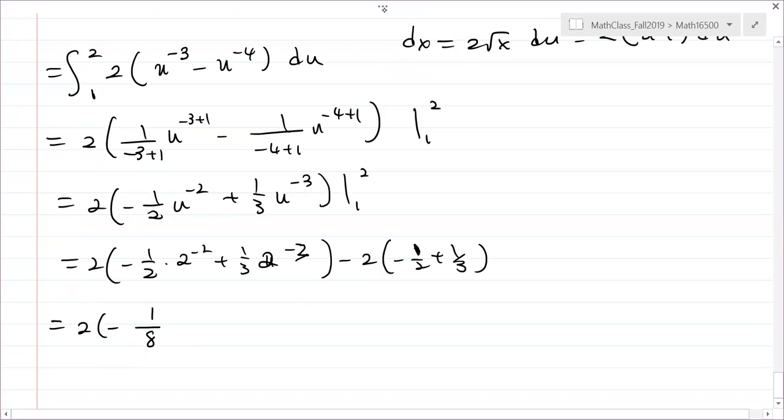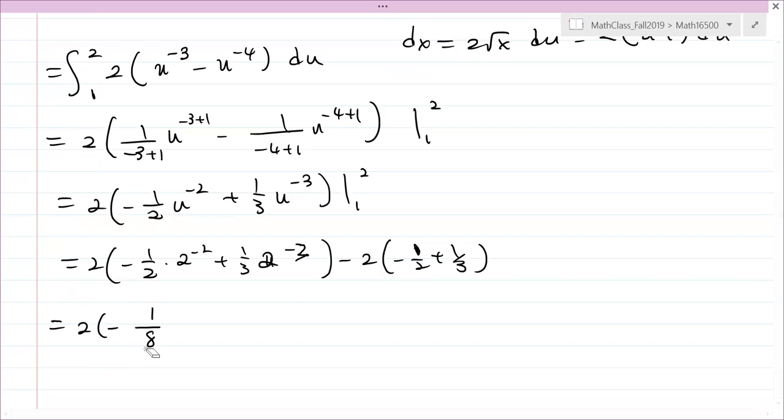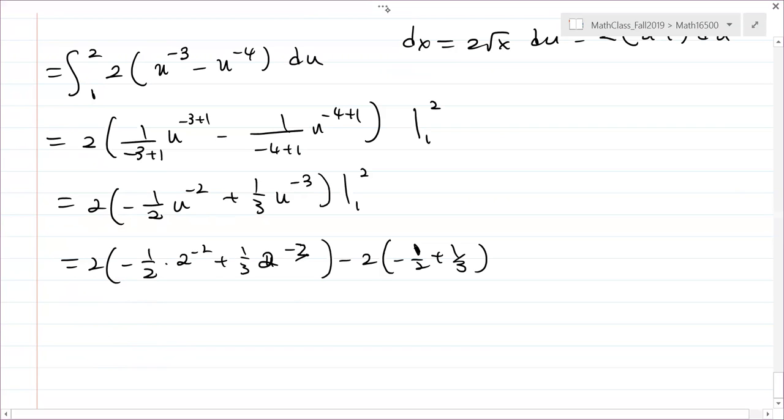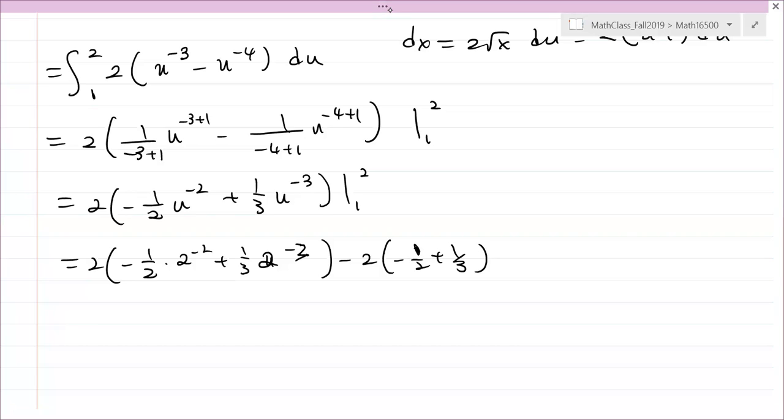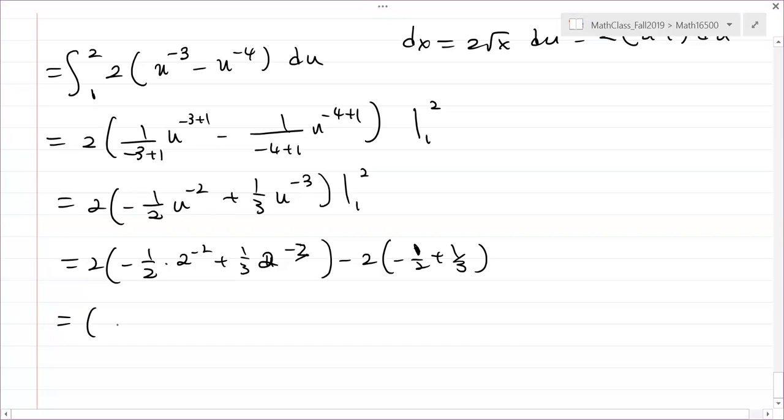So let's do the cancellation first. And then I got negative 1 plus 2/3.